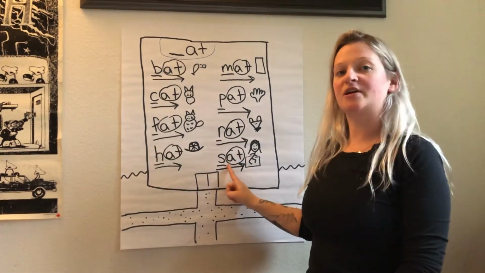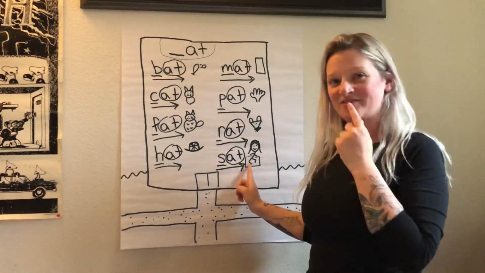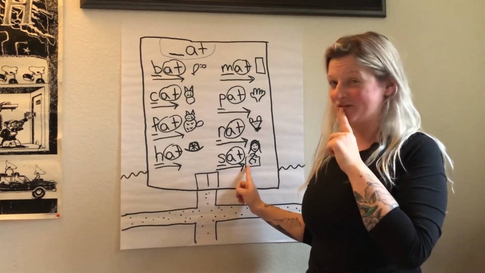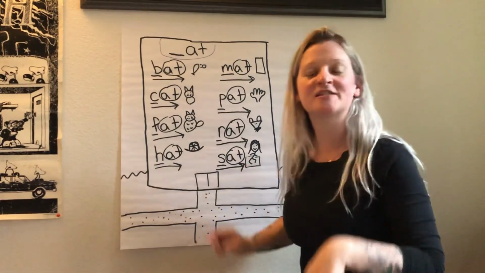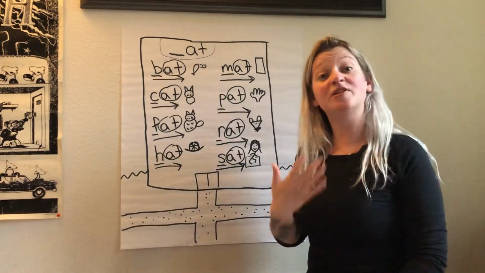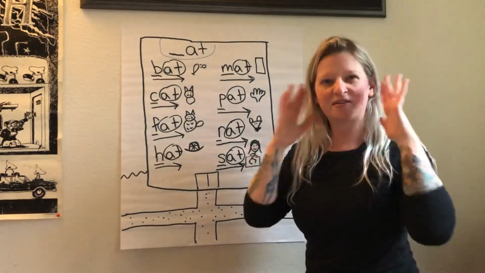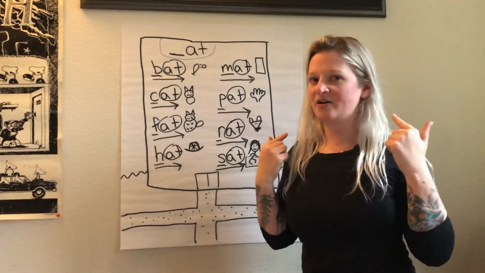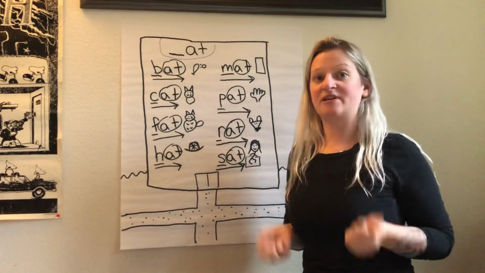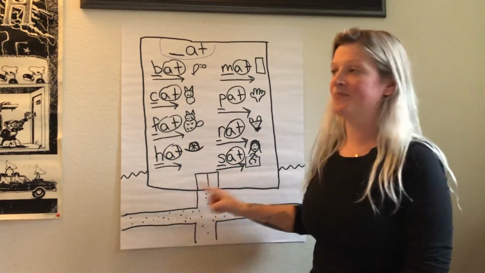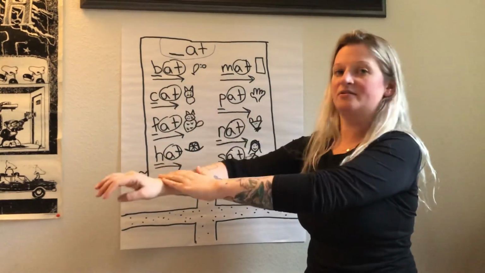And the last word here. Do you think you know it without sounding all the sounds out? Let's sound all the sounds out anyway, because that's a really smart skill that a learner does when they're learning how to read, thinking about the sounds that they hear, thinking about the letters they see and what sounds they make. So let's start here with S. At. Sat.